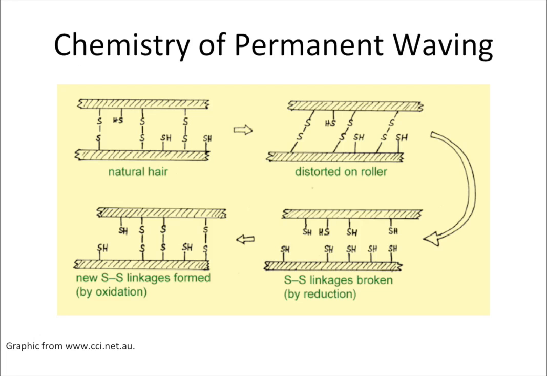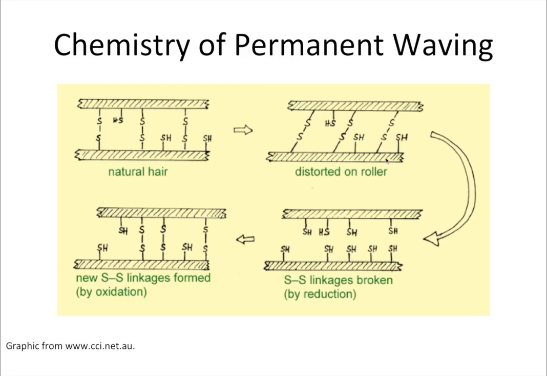Actually a better example of that is shown here on this slide, where we start with natural hair. You can see it has these disulfide crosslinks at certain points. It also has sulfhydryl groups at certain points. We stress the hair and distort it on a roller, for example, or some type of curling device, and then, after we have it distorted on the roller, we treat it with the reducing agent.